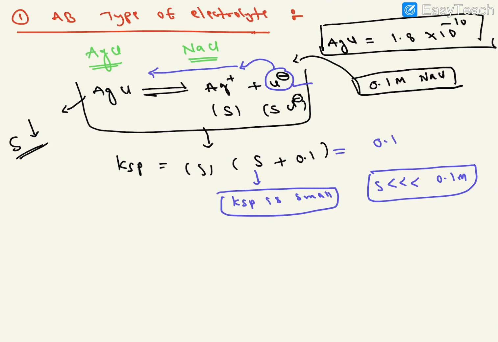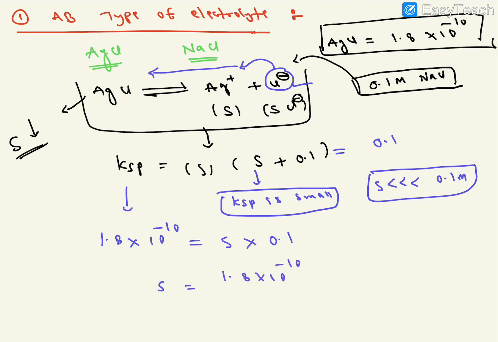I hope it is clear. So this becomes 0.1. So what is the Ksp value here? 1.8 into 10 to the power of minus 10 equals S, neglecting the S here, into 0.1.